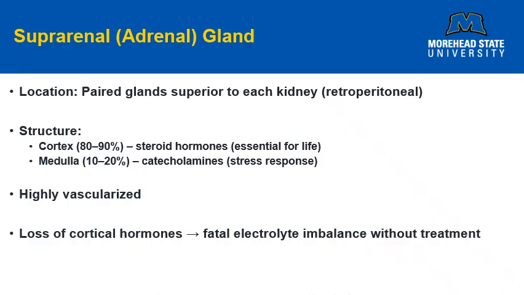So obviously we don't want to be sitting there waiting for hours for our hormones to say, hey, there's a bear coming, we should be scared, whereas it's able to get there quicker. All right, and the loss of those cortical hormones can lead to fatal electrolyte imbalance without treatment. So that is why it's so important. Just one example of why it's so essential. It needs to be there quicker.